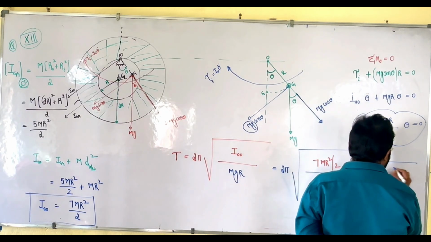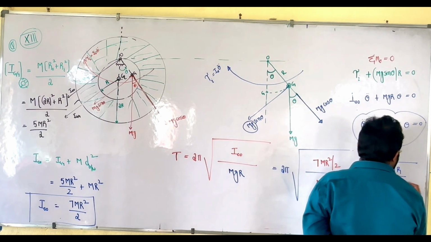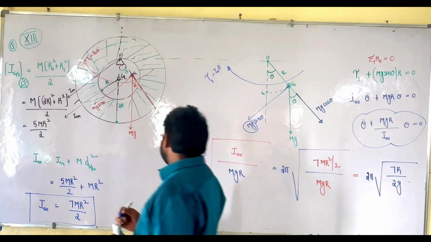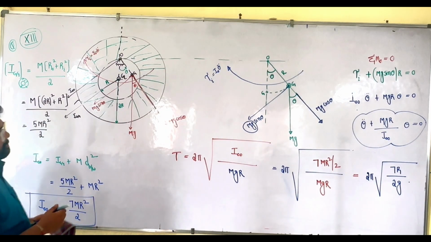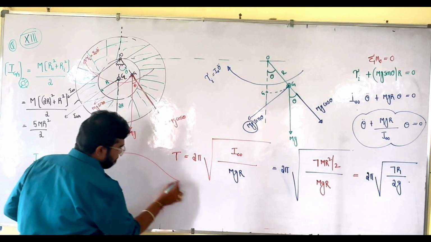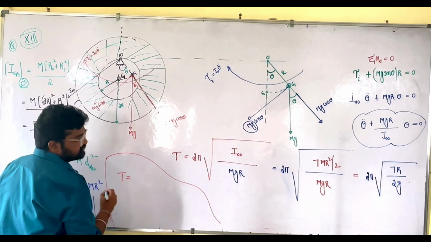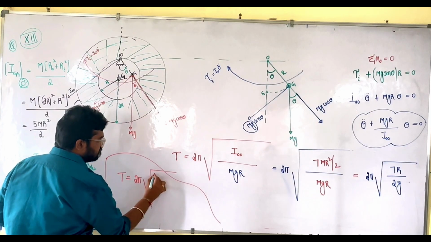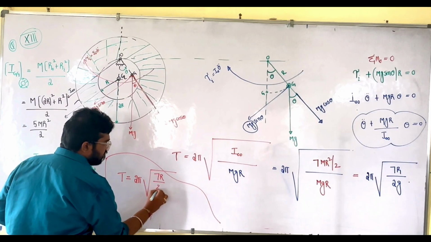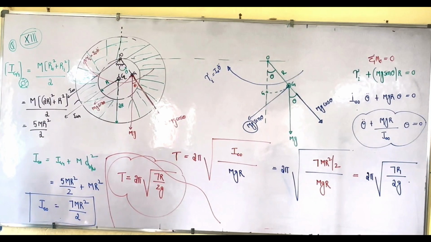Are you getting the same? 7 times r by 2g. T equal to how much? 2 pi square root of 7r by 2g.